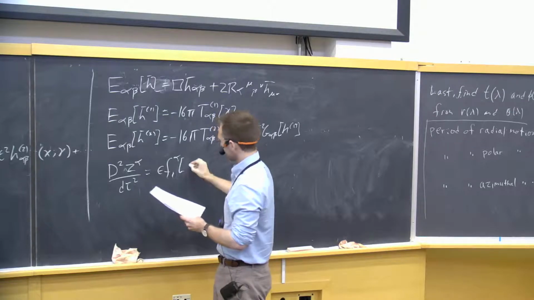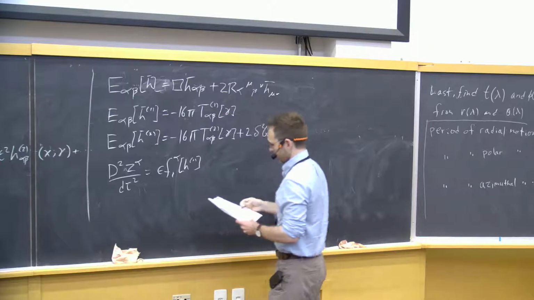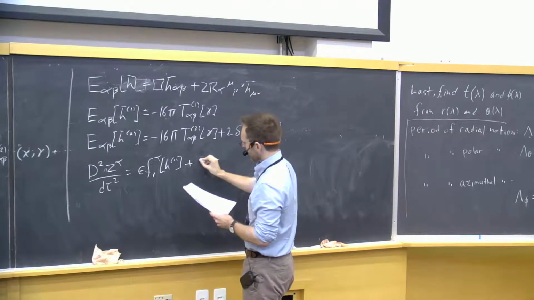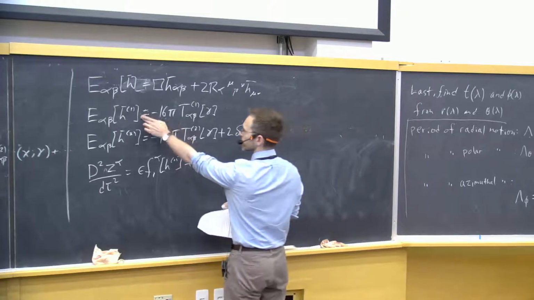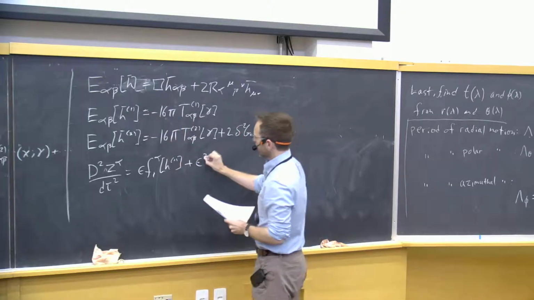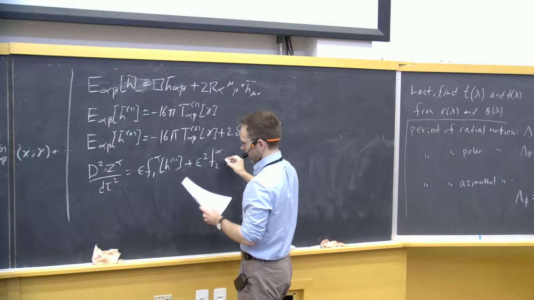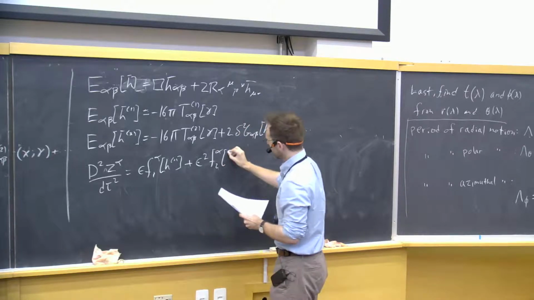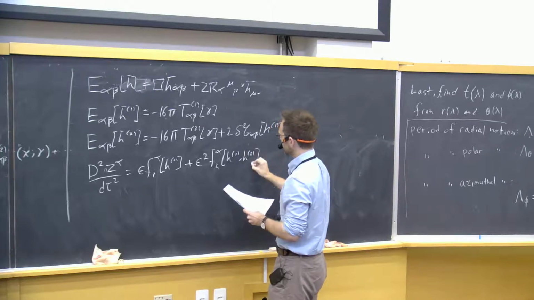Let me make the dependencies a bit more explicit now. So we have a first order self-force constructed from H1, which is the solution to this equation, and a second order self-force constructed from H1 and H2.